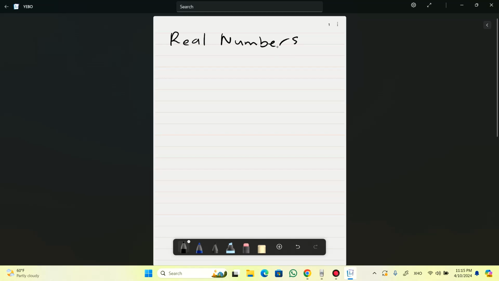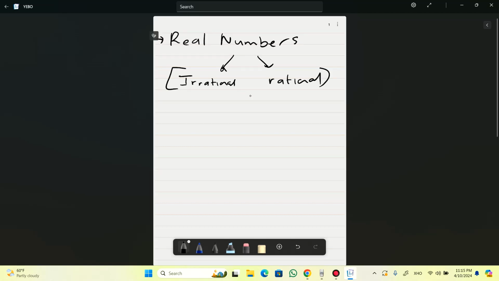Real numbers can be divided into irrational and rational numbers, it doesn't matter which. We'll look at what rational and irrational numbers are later on. Now I'm just introducing these terms.